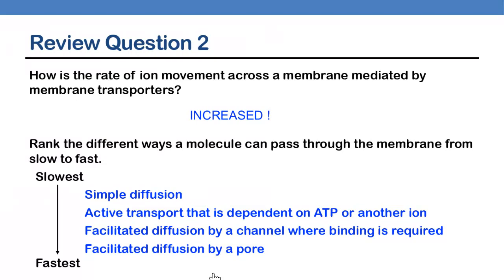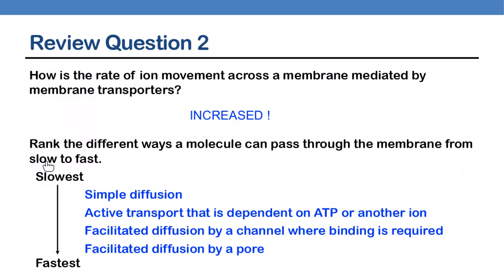So there are a lot of steps before you actually get the movement of that ion or molecule across the membrane. Facilitated diffusion by a channel where binding is required: if you have to bind the channel, this is another step with binding and release, even though it's going down its concentration gradient.